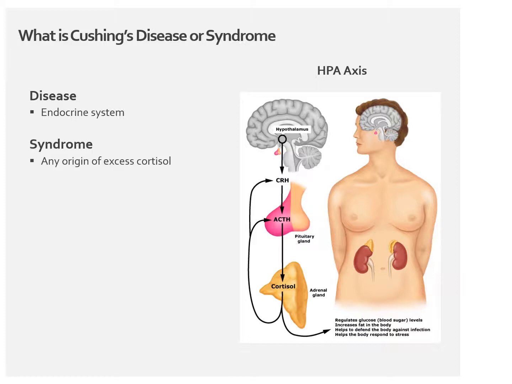So let's first just look at the general endocrine system, which would look at both the disease and the syndrome. So here's how the body normally works. There's something called the hypothalamic pituitary axis. It's also known more simply as the HPA axis.